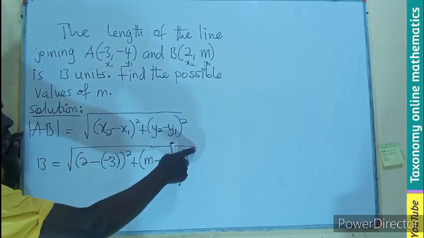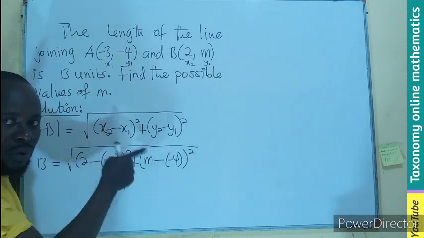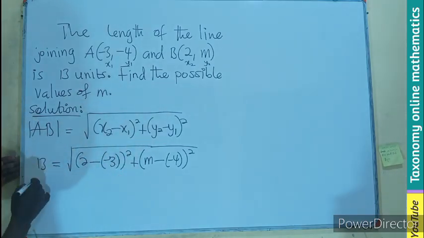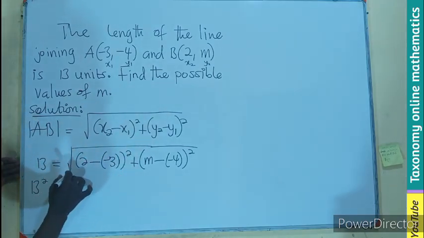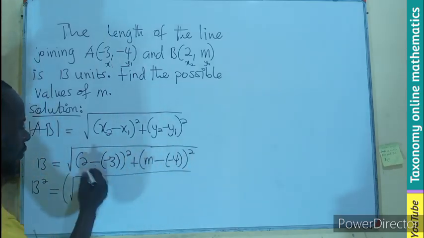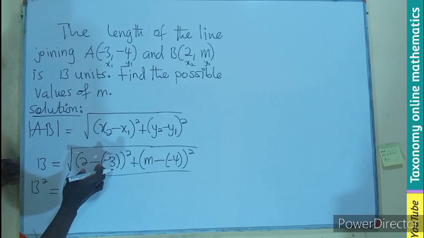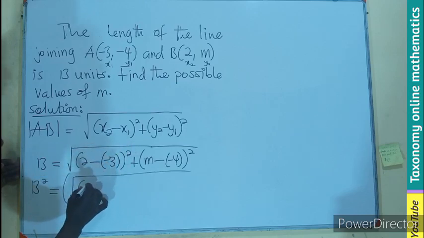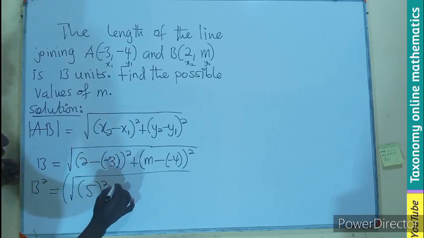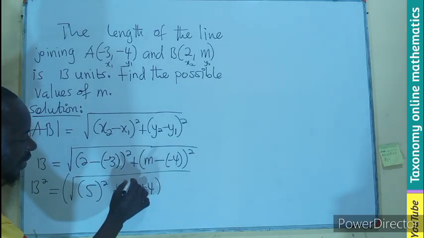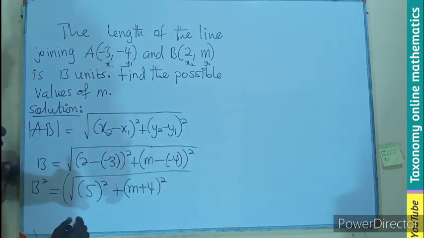Now, we can get rid of the square root by squaring both sides. So if I square both sides, 13 squared equals the square root of, I think this will be, 2 minus -3 will be +5 all squared, plus m plus 4, the negative cancels, all squared.